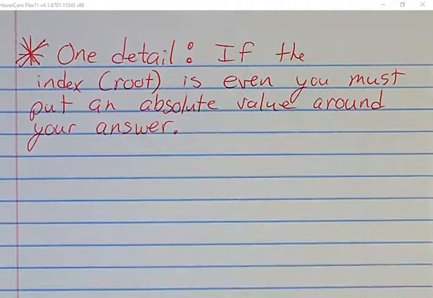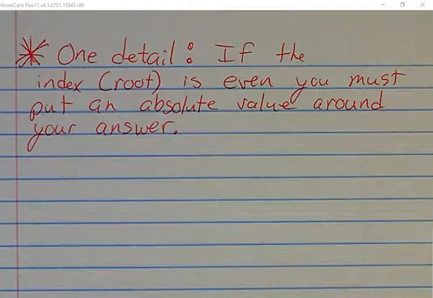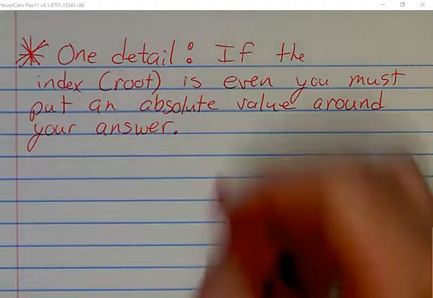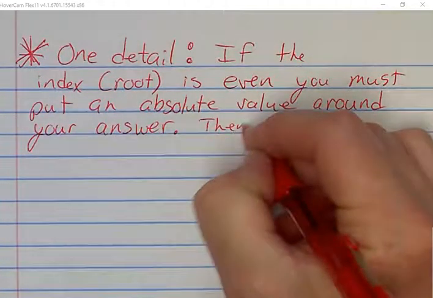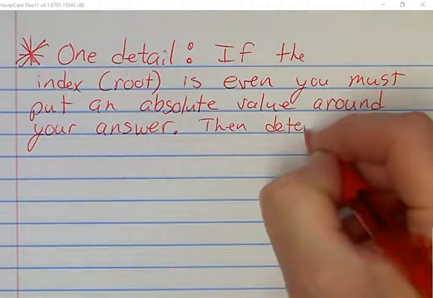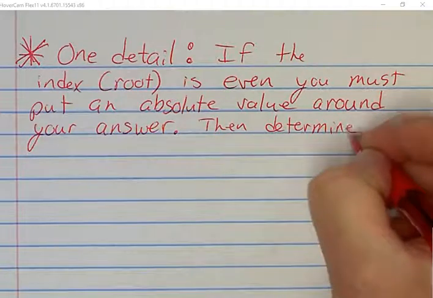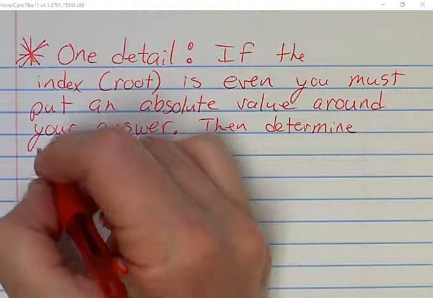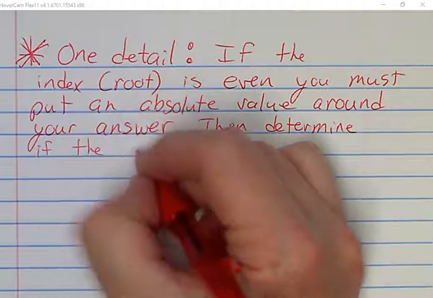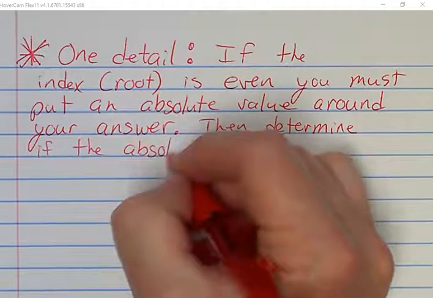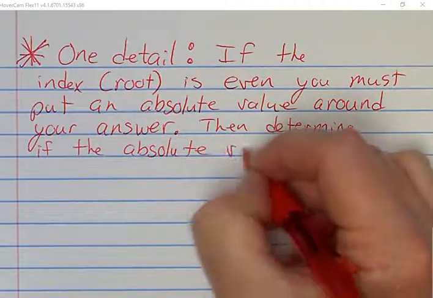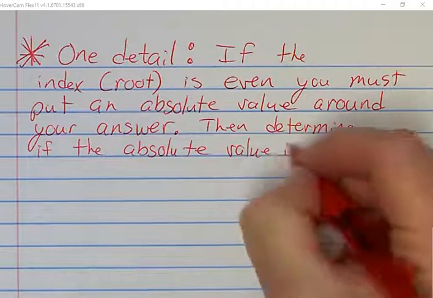Now, if it was that easy, it would be okay. The part you have to work on and figure out is that after you do this, you have to determine if the absolute value is needed.